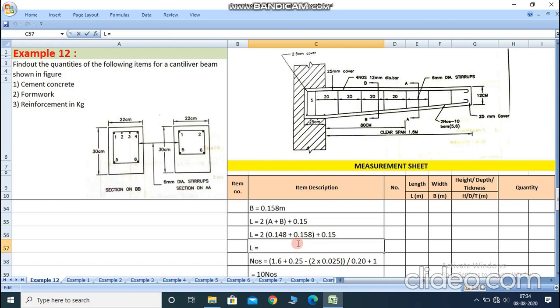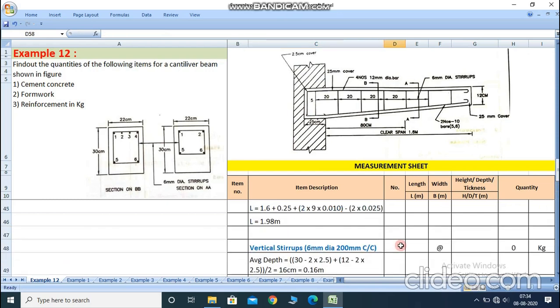So now total length of the stirrup is 0.762 meter. It's the total length. So we write here total length is 0.762 meter.